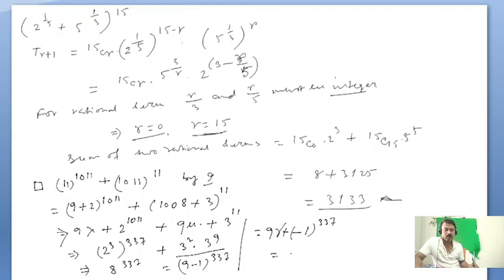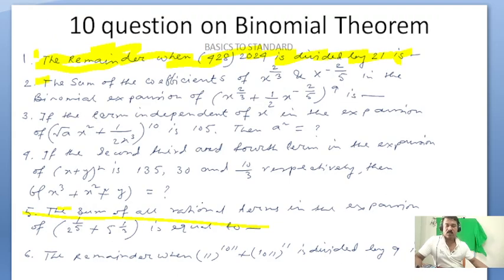That is obviously the remainder equals to 9 minus 1, that is equals to 8. Okay, this is the answer. Come to the next problem.